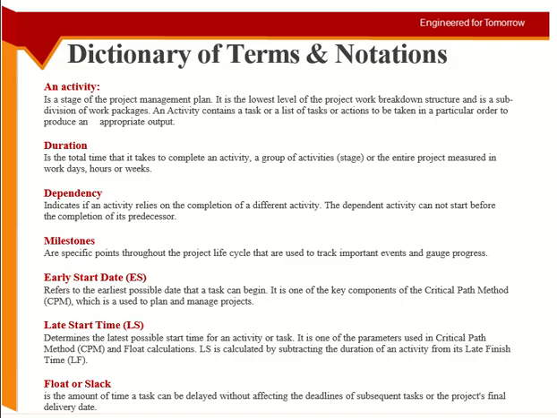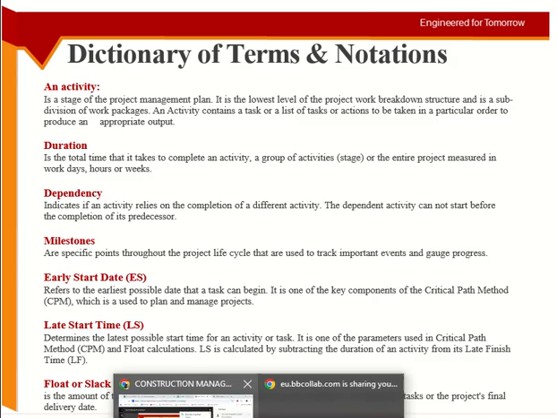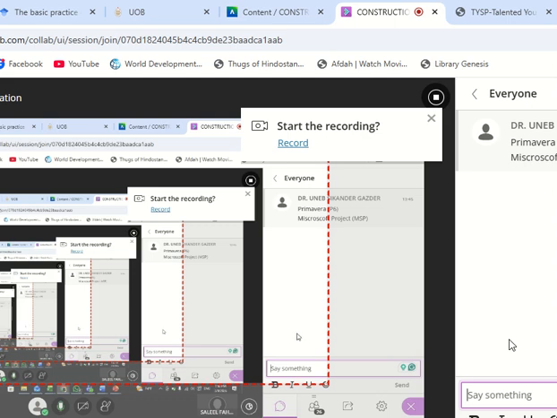So who remembers what a work package is? Who will tell me what a work package is? Tell me, WBS, work package, what is it?